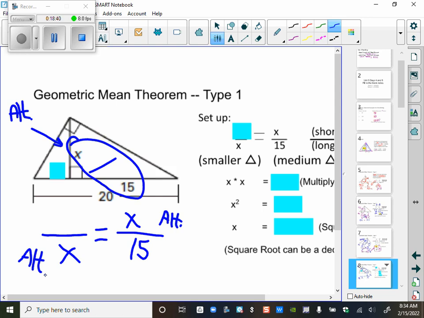So 20 total miles. So far we've driven 15. How many more miles do we have to go? So this distance from here to here is 5.